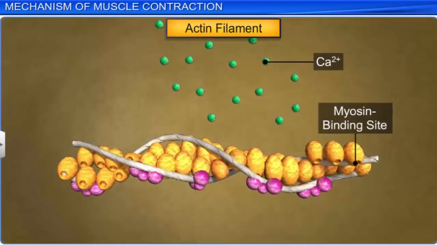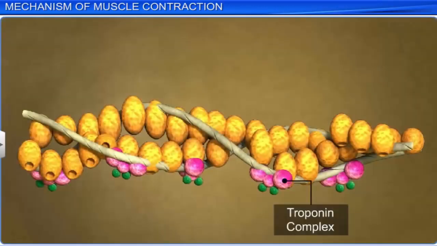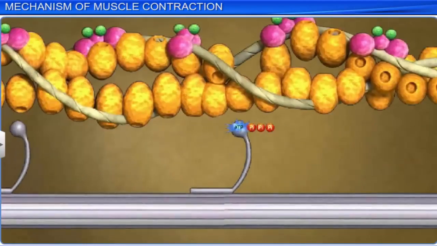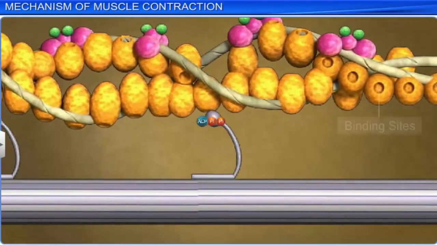The calcium ions further bind to a subunit of troponin on the actin filaments, which causes the troponin to change conformation and move the tropomyosin. This unmasks the active sites on actin for myosin to bind to it after consuming energy released by ATP hydrolysis.